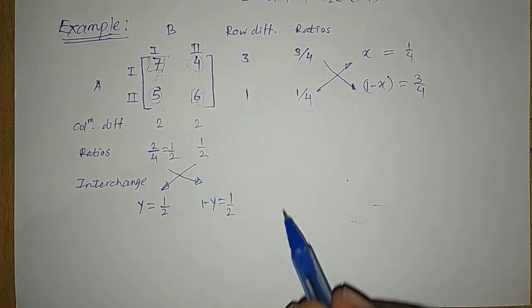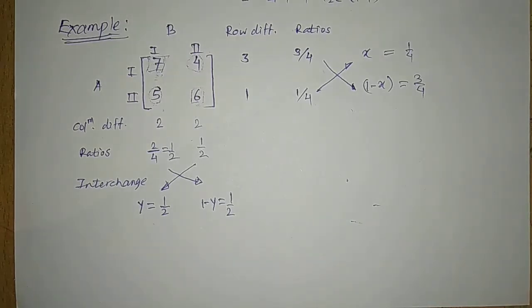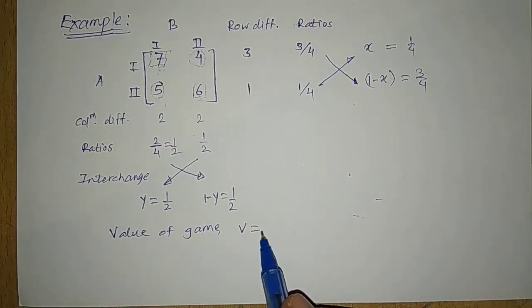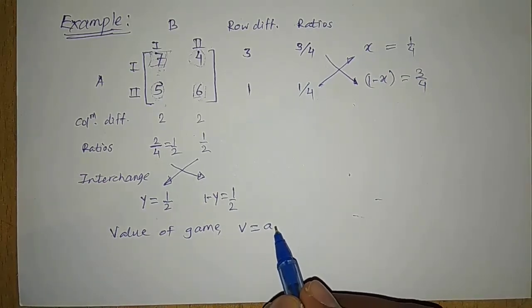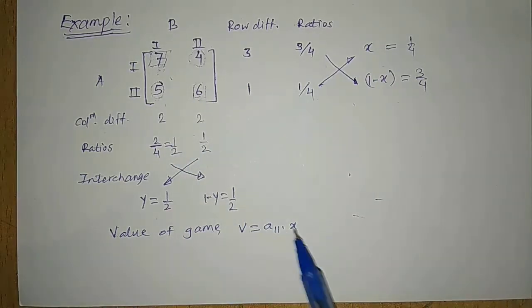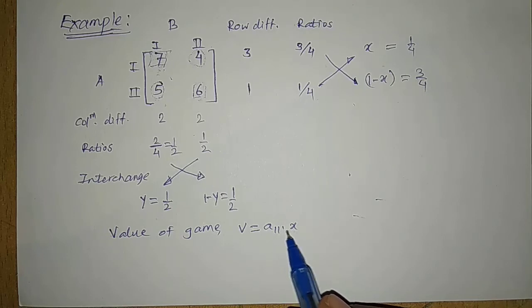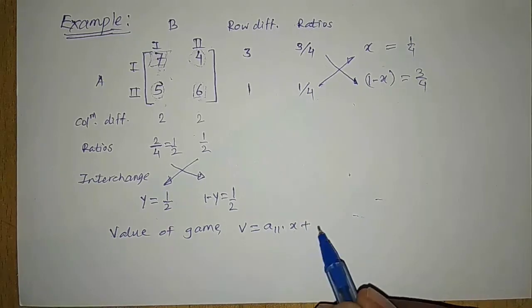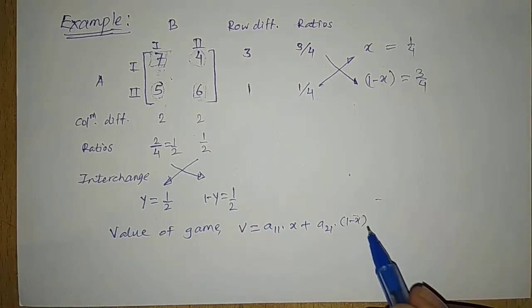Now let us find out the value of game V. For the value of game V we have a formula; either you can remember it or you can use another way to determine the value of the game. I write here the formula we have written previously: A11 into x plus A21 into 1 minus x.